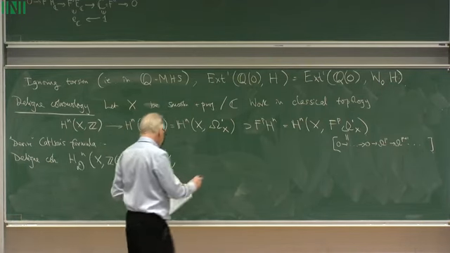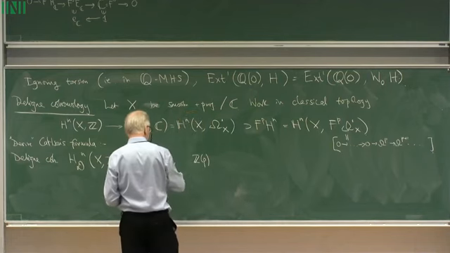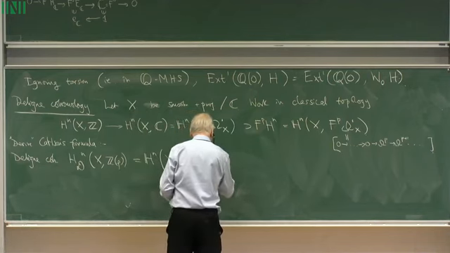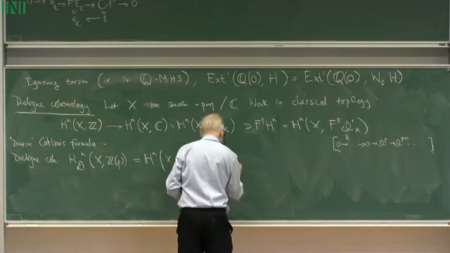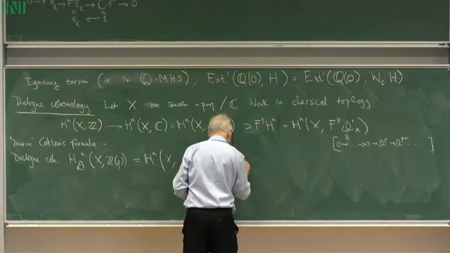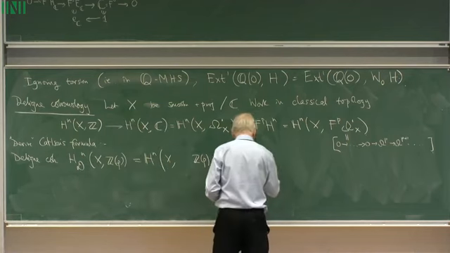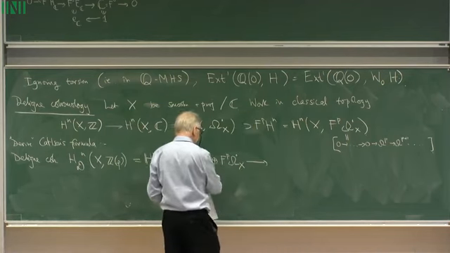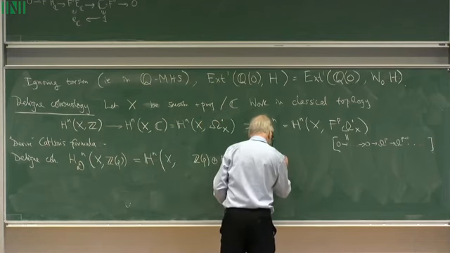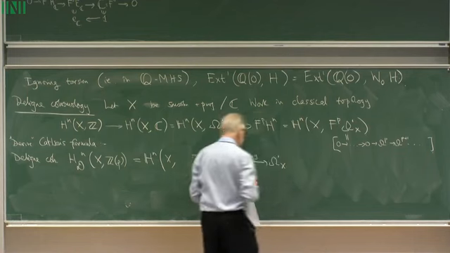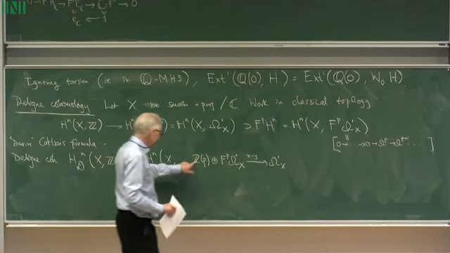We take Z(p), and then we take F^p of the holomorphic de Rham complex, and we map this by the same map alpha, which is just the difference map, x minus y, into here. So this is now a complex.